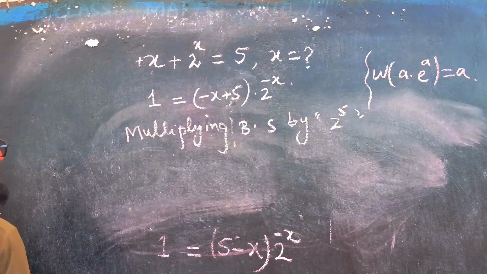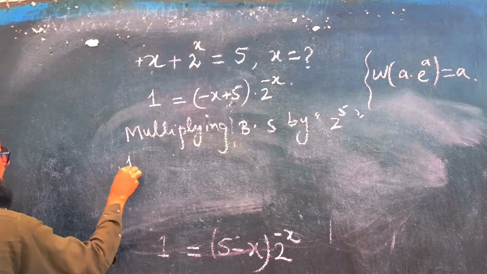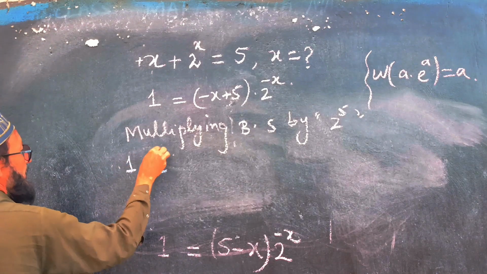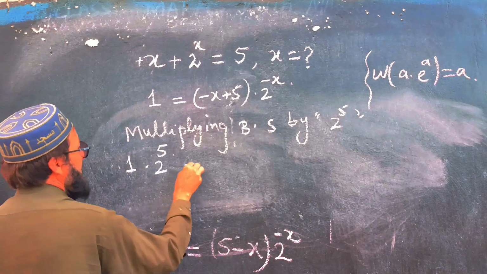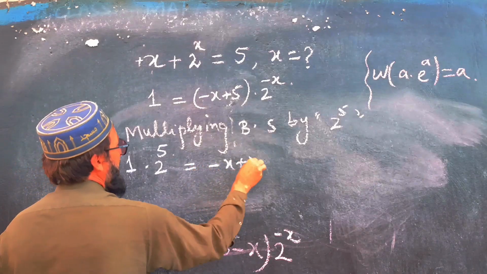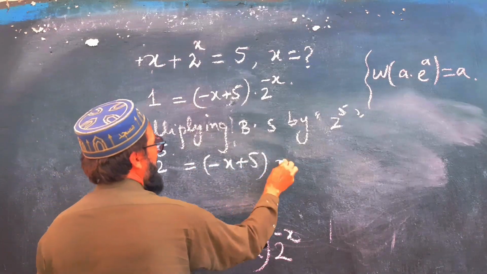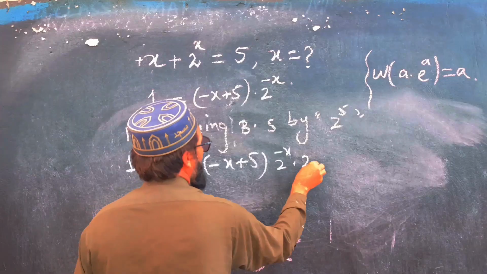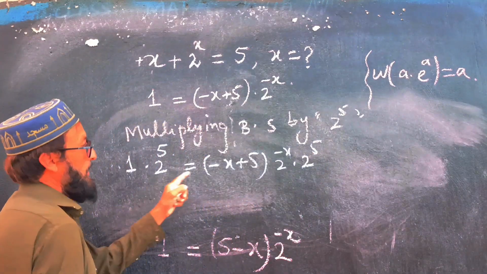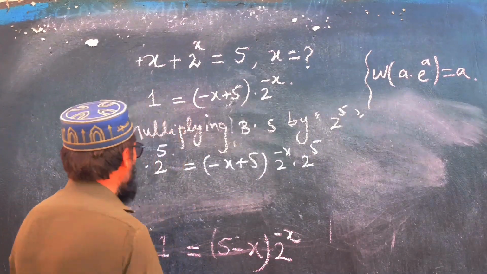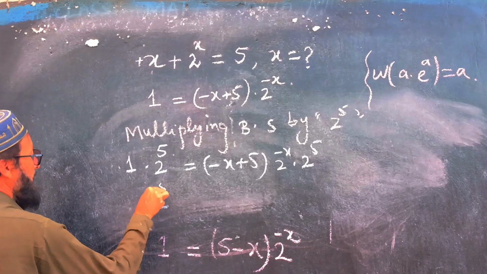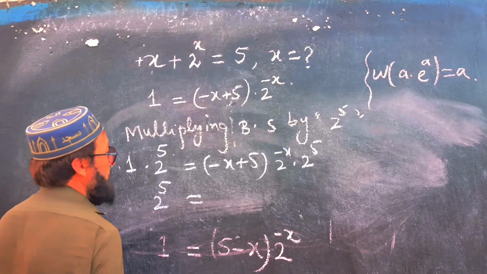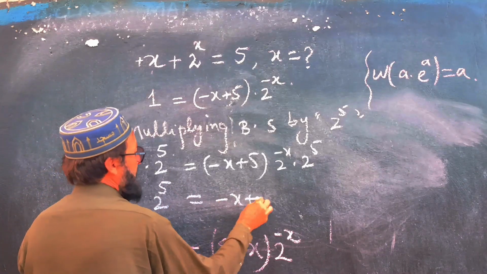What is the result here? 1 multiplied by 2 exponent of 5 is equal to minus x plus 5 into 2 exponent of minus x into 2 exponent of 5. The 2 exponent of 5 is multiplied on each side, so I guess it will be 2 exponent of 5 is equal to minus x plus 5 into 2 exponent of minus x plus 5.